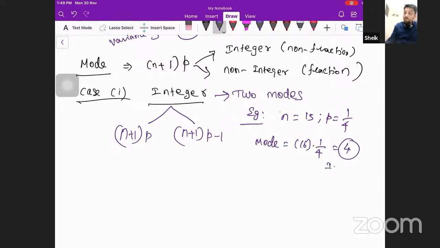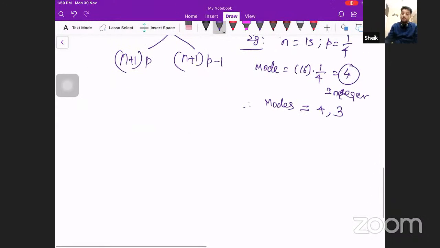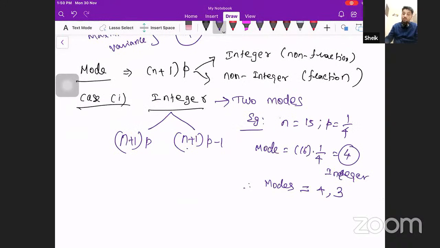Since 4 is an integer, it's bimodal, and the modes are 4 and 3. When it comes to integer, there are two modes.